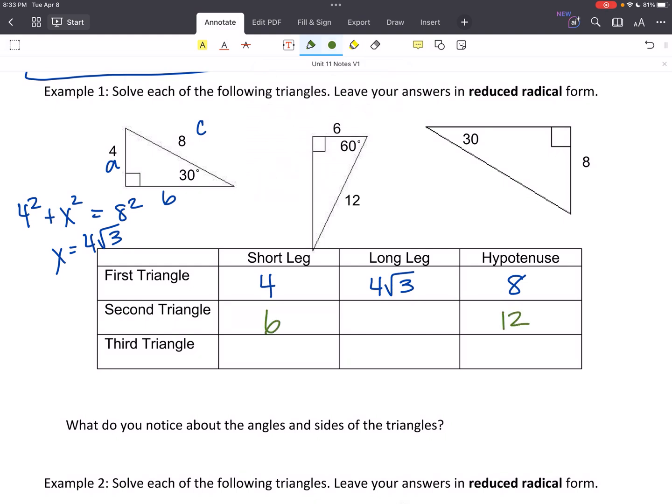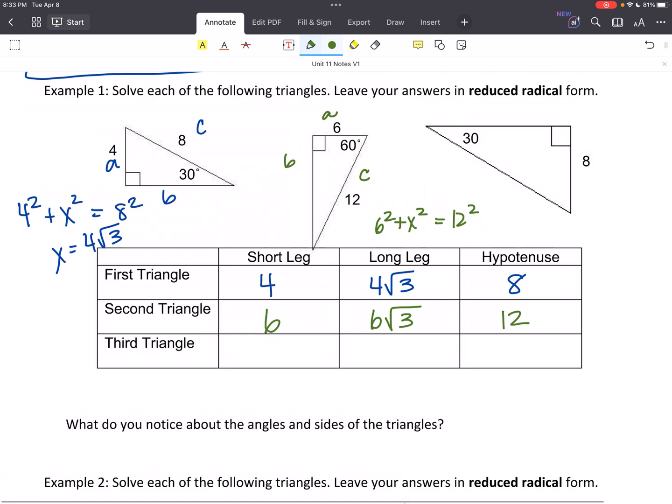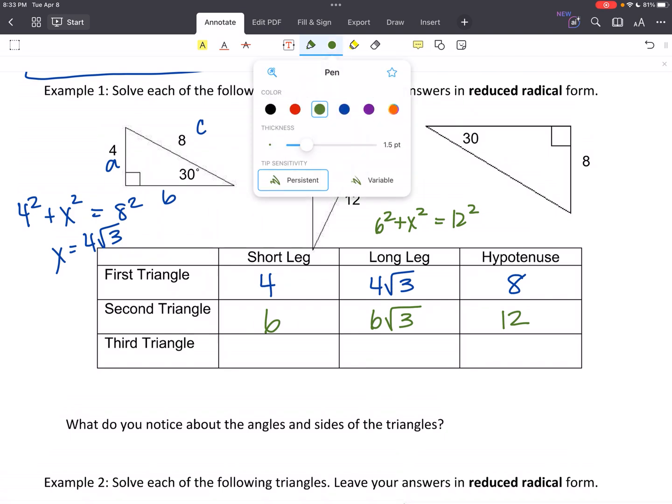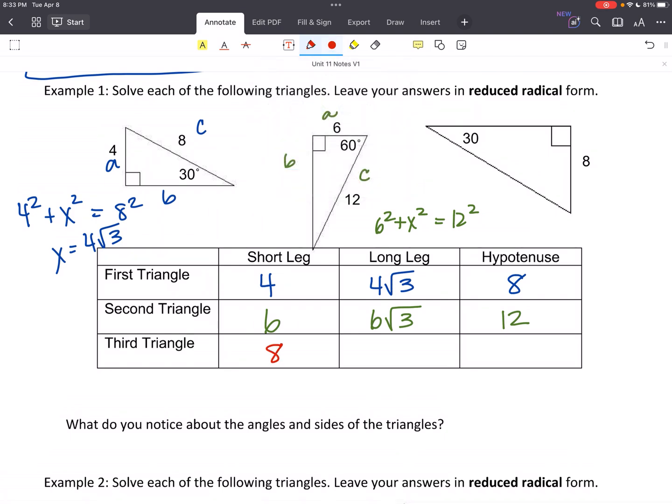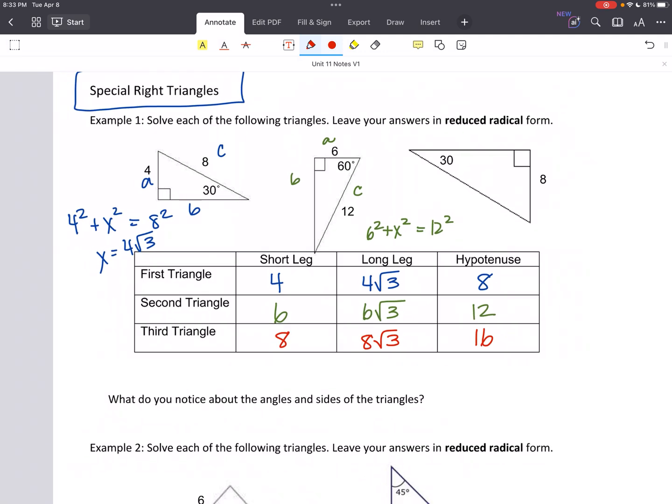When we do the Pythagorean theorem, so this is A, B, and C, 6 squared plus x squared is equal to 12 squared. When you do this, you end up with 6 square roots of 3. Then on the last one, it only gives you the short leg. We have an 8. The long leg is going to be 8 square roots of 3. And the hypotenuse is going to be 16.